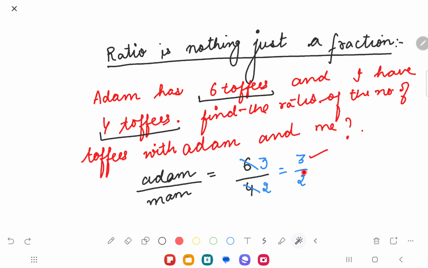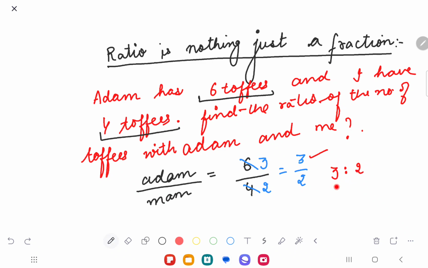No. But the simplest ratio is 3 over 2. So that's the concept. I will say that the ratio of the number of toffees of Adam versus Miss is 3 is to 2.